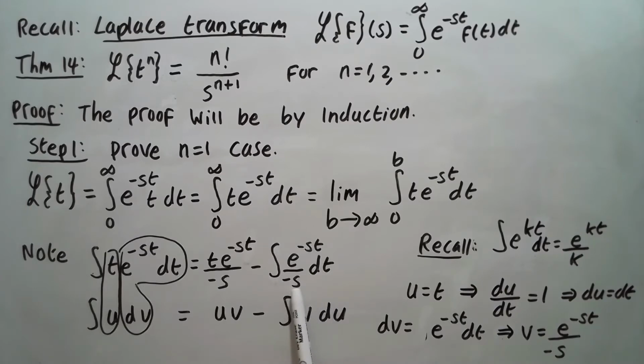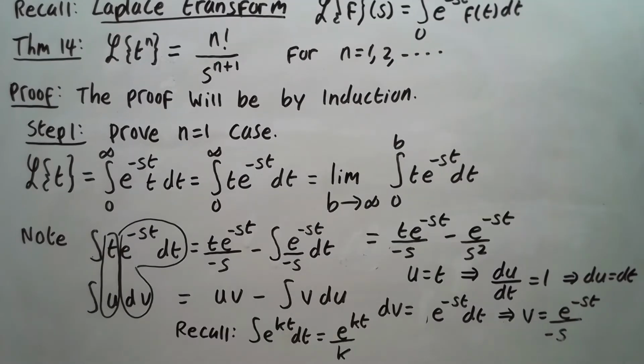I can bring that minus s out and then integrate this. When I integrate the e to the minus st, I'll bring another minus s down there. So you'll have 3 minus signs. So it'll be minus still, and it'll be s squared. So applying this, we get this.